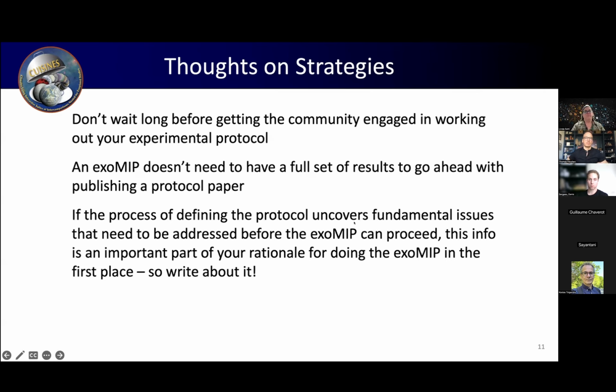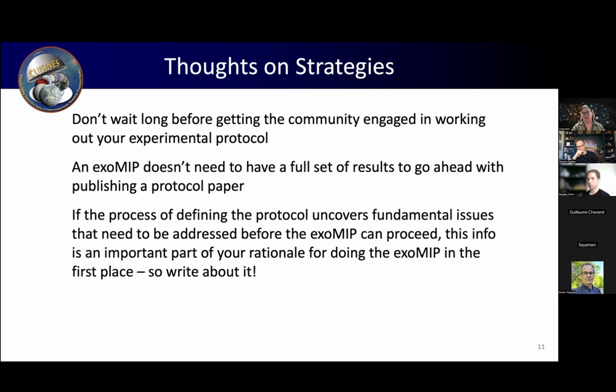So I will also add that if, as you are defining a protocol, you find that there are issues that mean that you have to change your experimental design and strategy, this is an important part of why you were doing an ExoMIP in the first place. So please include it in your protocol paper as part of the history of getting the protocol accomplished.